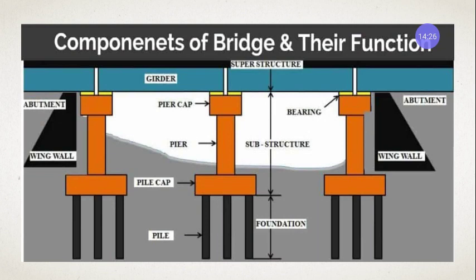We said there are four components. First is the substructure, second is bearings, third is the superstructure, and the fourth is the ancillary works, or you can say protective works. Now first we'll understand what the substructure is, and we will see through the diagram which part is called the substructure.